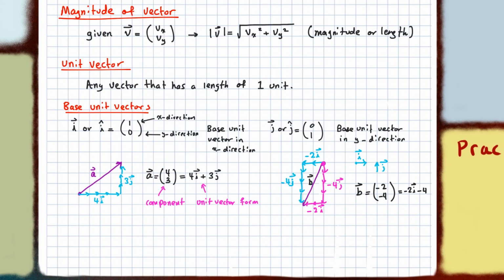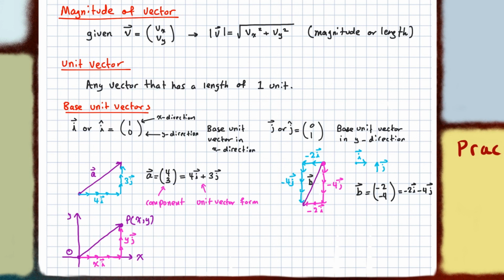In general, if we had a point in a coordinate system, and if we were to create a vector that originates from the origin and it terminates at point P, then that vector will have an x component which moves to the right by x units, and it goes up or down by y units.